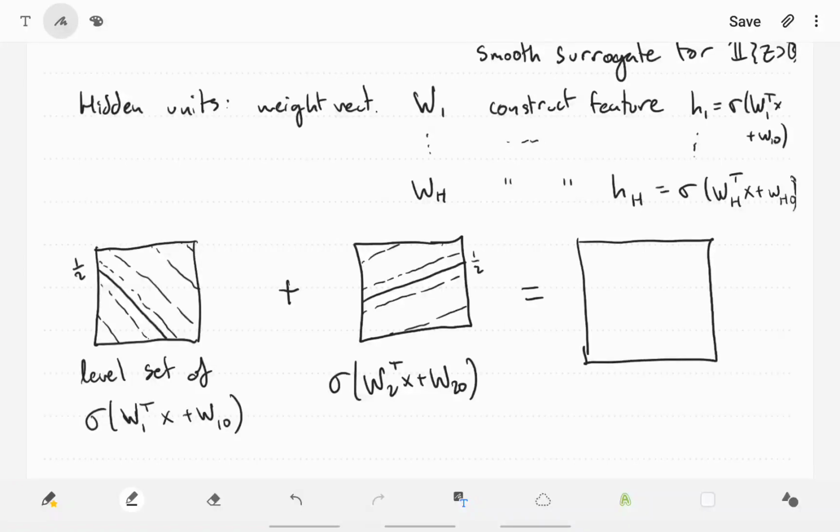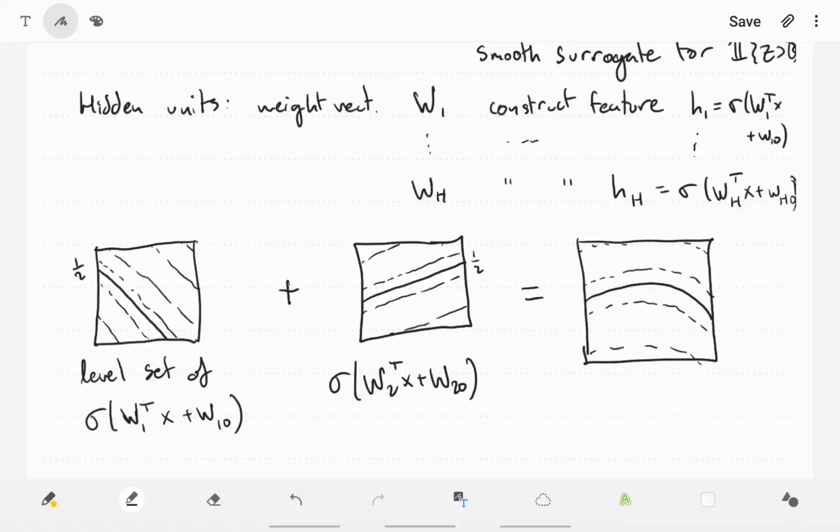This is sort of the point. So maybe it produces something that looks like this. Right. And this is not exactly obvious that this would happen, but it's because you don't have just a linear sigmoid function. You have it so that these level sets have different spacing between one another.